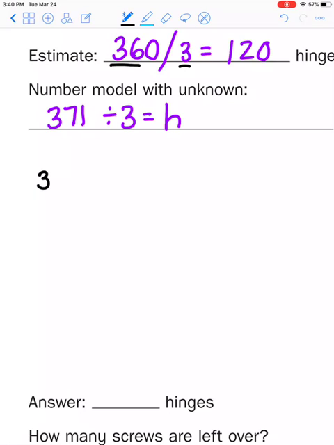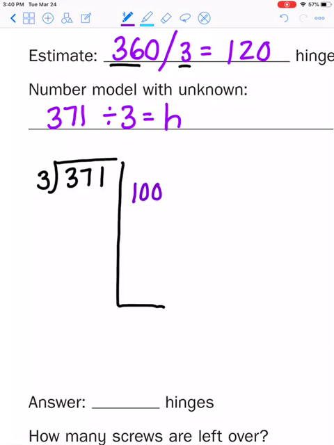If I have 3 divided by 371, I know, probably without looking, that I could take out 100. If I made 100 groups of 3, so I tried to make 100 hinges with 3 screws, I would be using 300 of those screws.